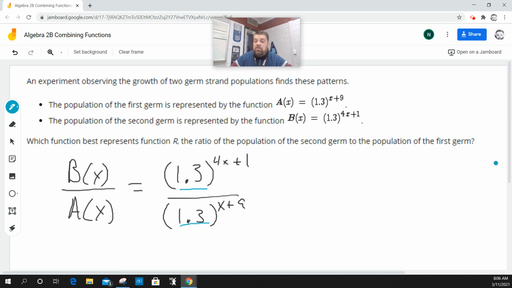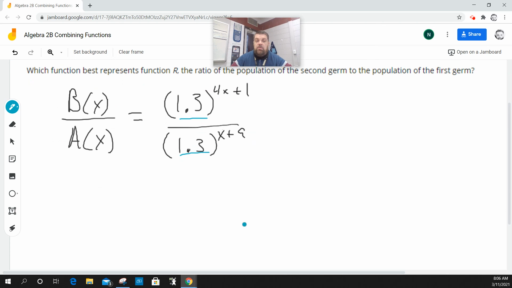Now, you may not remember this, but when we did the rules of exponents, if I say b to the m times b to the n, if they have the same base, it's just b raised to the m plus n, right?